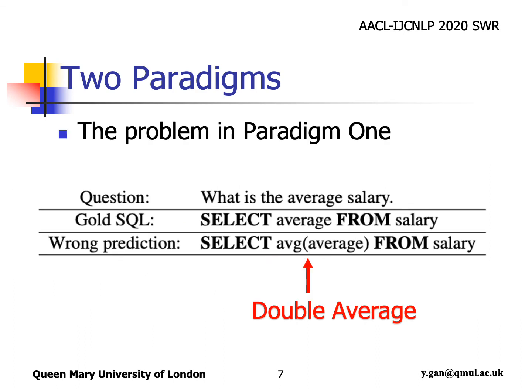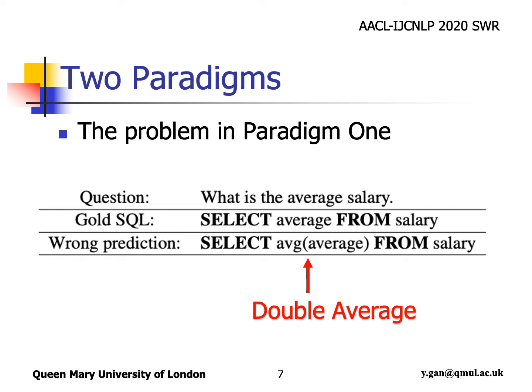There are problems in both paradigms. The problem in paradigm 1 is that separating the generation process of SQL structure and schema item will cause the same question token to be used repeatedly.